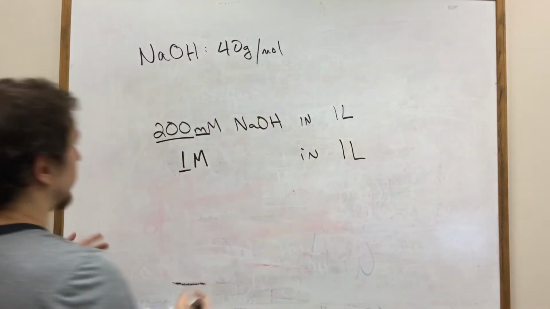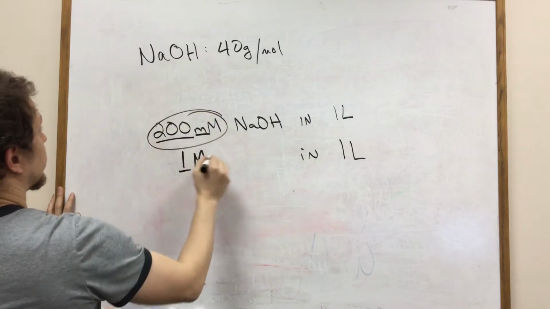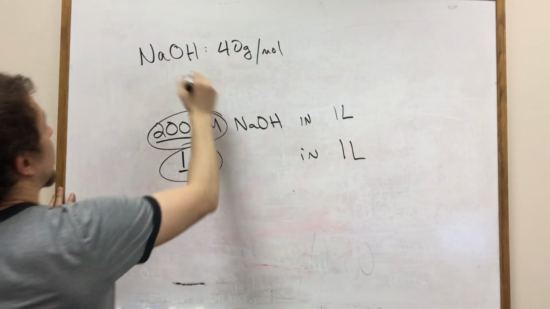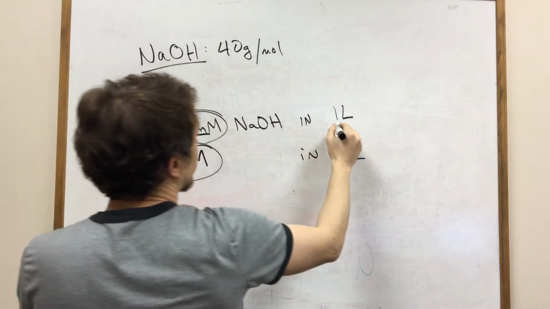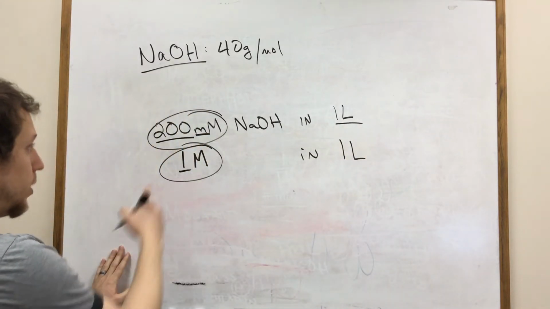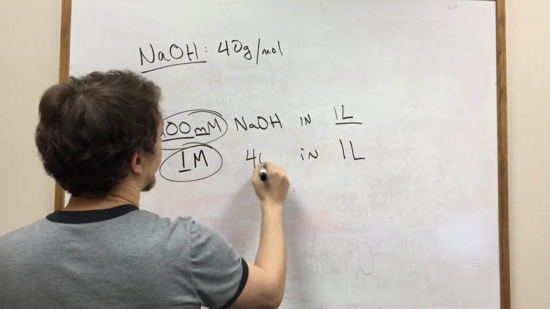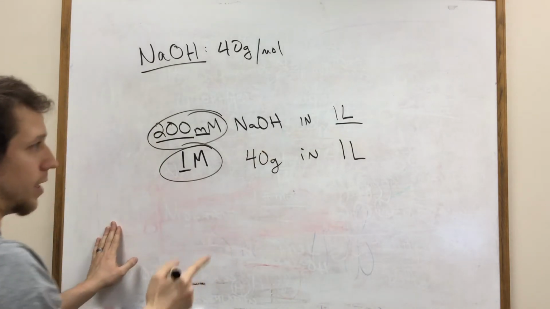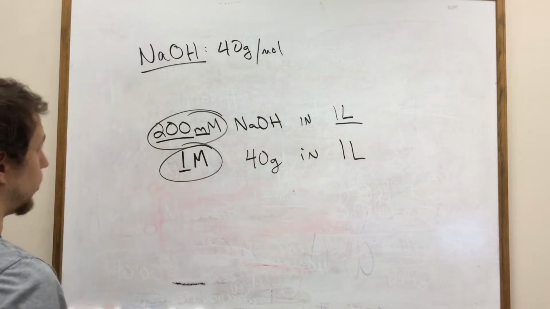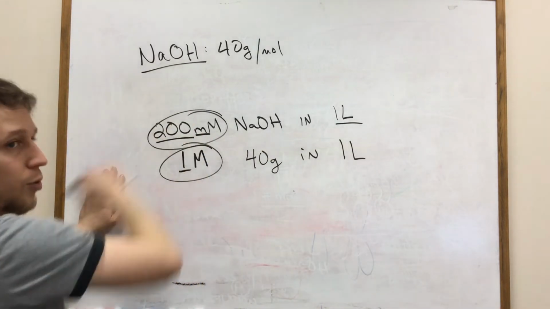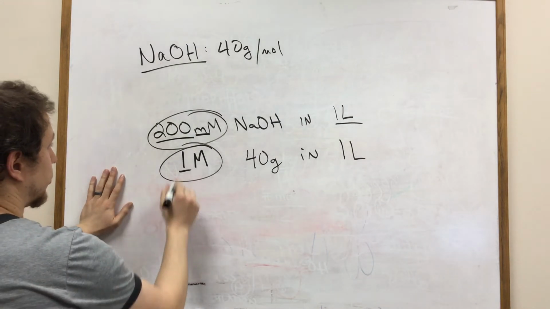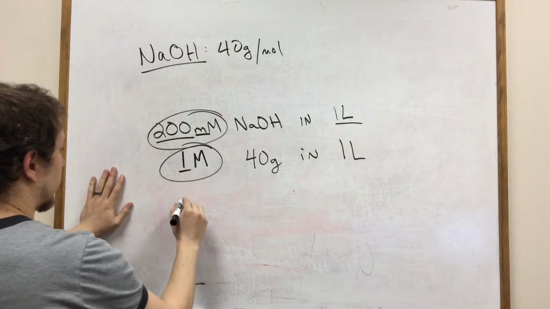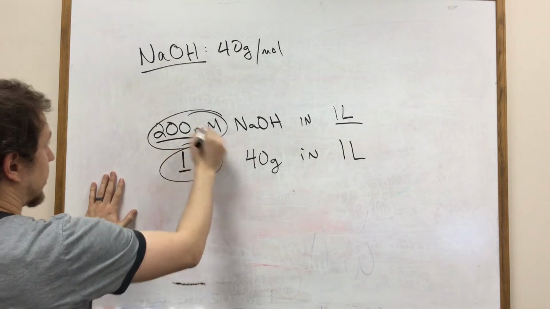So I need to figure out how this compares to this, so I can figure out how many grams of this I will need to put in 1 liter. So I knew that in a 1 molar, I needed to put 40 grams of sodium hydroxide into that 1 liter to give me that 1 molar. But now I need to figure out how 200 millimoles compares to 1 molar. So to do that, all I have to do is get these into the same unit.